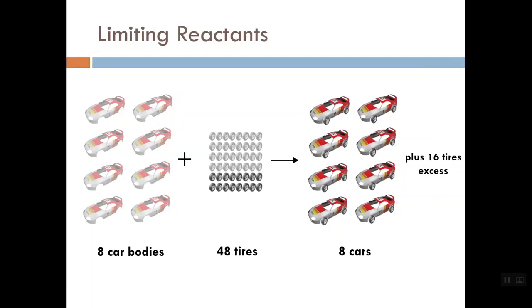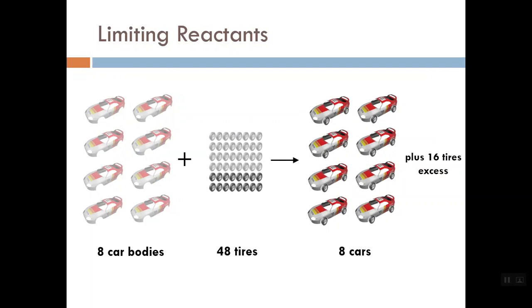So let's first think about these words limiting and excess reactant. First of all, we're talking about reactants, so we're really just focusing on the left side of our equation, the left side of the arrow, right? And so here we have 2 reactants. One of them is completely used up, the other one has extra. Now think about the words limiting and excess. Excess, you guys know, means extra.